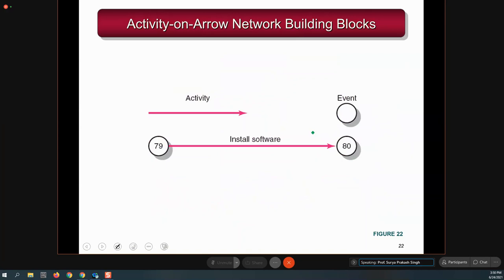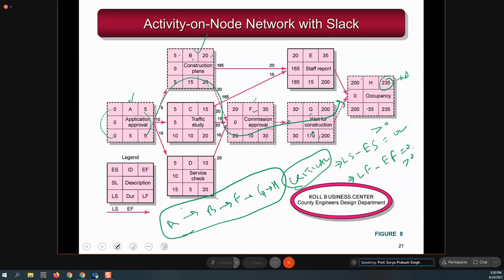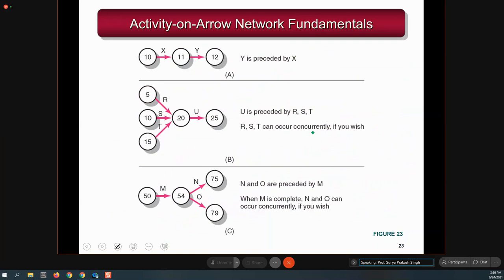We can draw the same thing with the help of another method, which is known as activity on arrow. Abhi tak whatever we have discussed so far, we have used the method activity on node. Now we can use the activity on arrow.